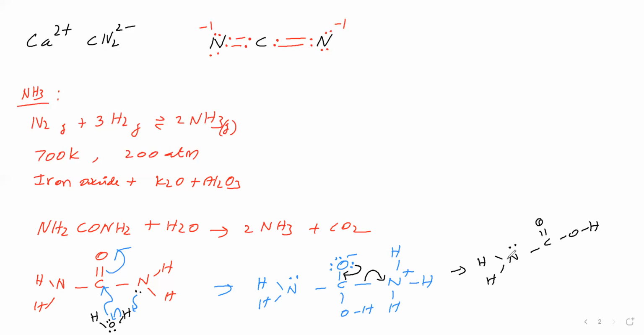Again, water is attacking, this becomes ammonia and leaves. In this place, an OH group comes. Therefore, it is carbonic acid, H2CO3. Carbonic acid is nothing but carbon dioxide and water. So urea undergoes hydrolysis to give ammonia gas and carbon dioxide gas.